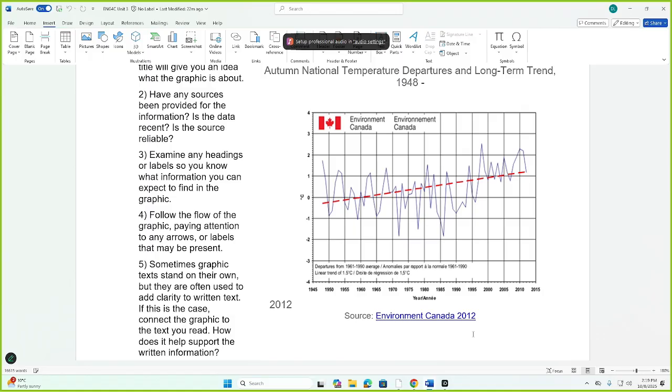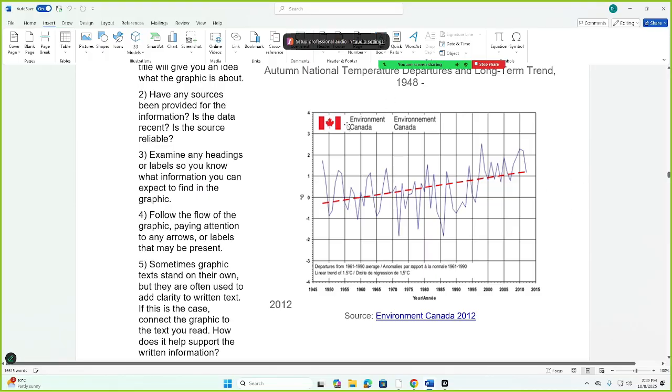Number 3, examine any headings or labels so that you know what information you can expect to find in the graph. Okay, let's look at anything here that might indicate what we're looking at. Okay, so it's from Environment Canada, right?